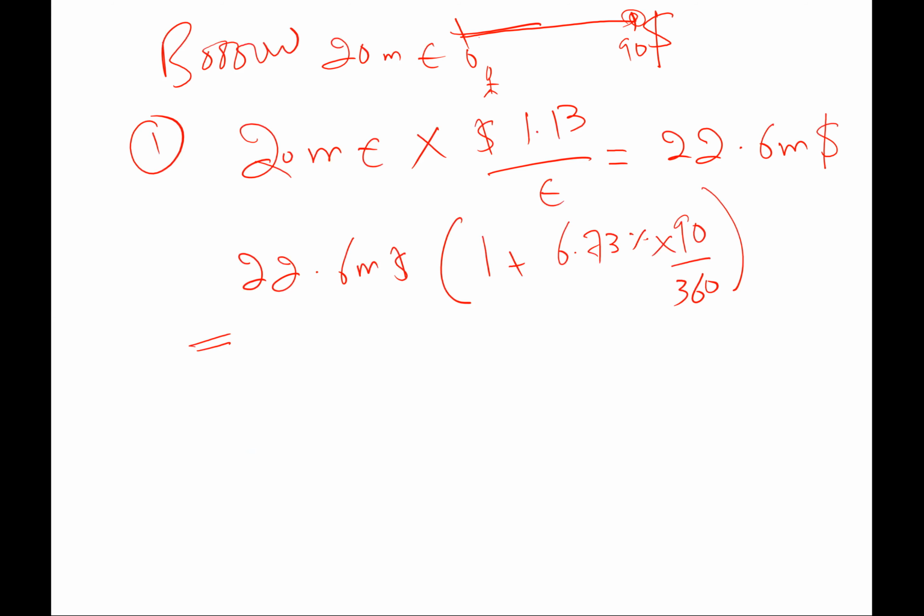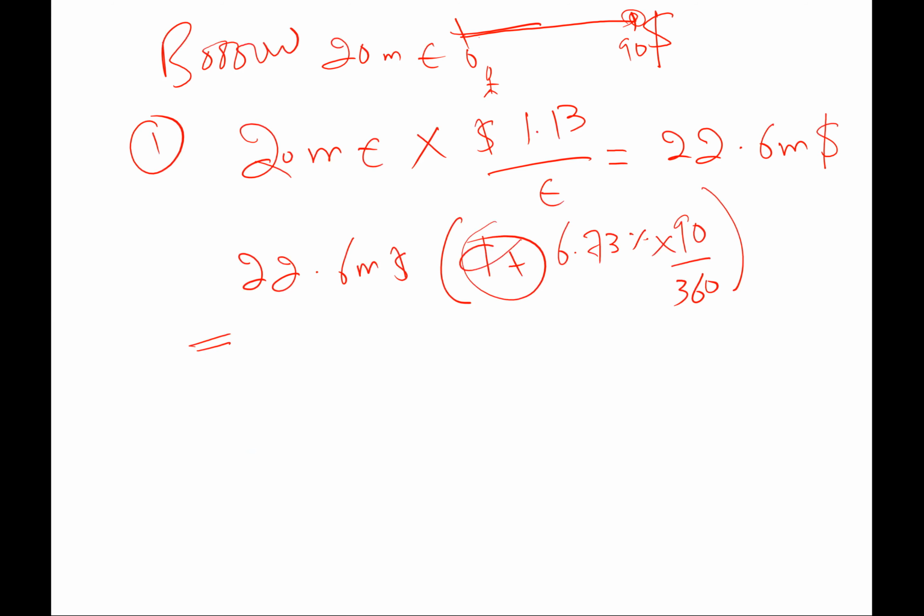So we calculate 22.6 times 1 plus the interest. Now we are taking out the whole money, our principal plus the interest. So that's why there is 1 plus. If we are just calculating the interest, then no need to write down this 1 plus.